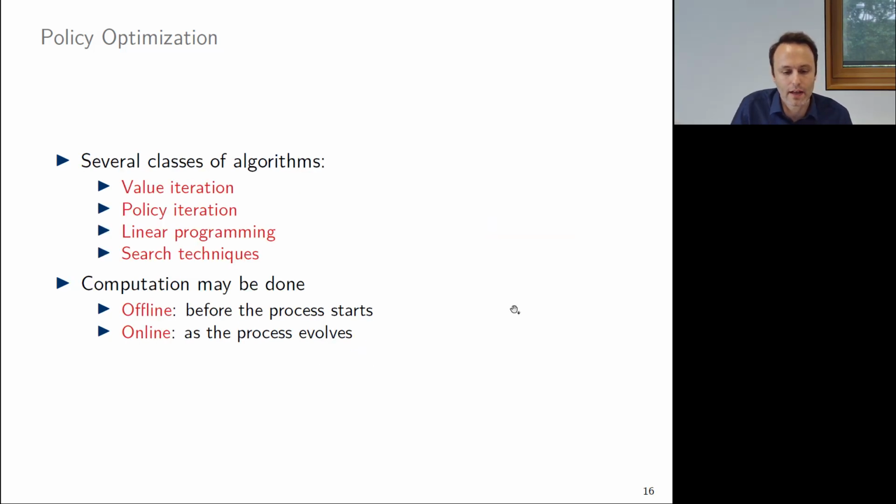Now, there are several classes of algorithms that can solve for these optimal policies: value iteration, policy iteration, linear programming, search techniques, and also this optimization can be done offline. So we plan before we actually start what are the policies that we want to do and optimize them, or we do it online, so when the process is ongoing.